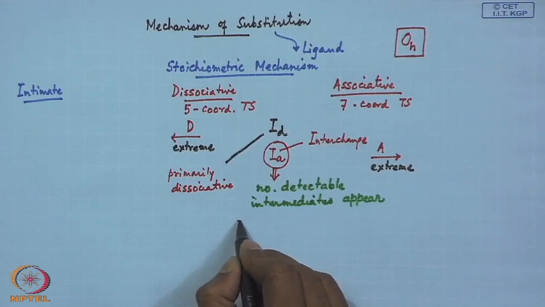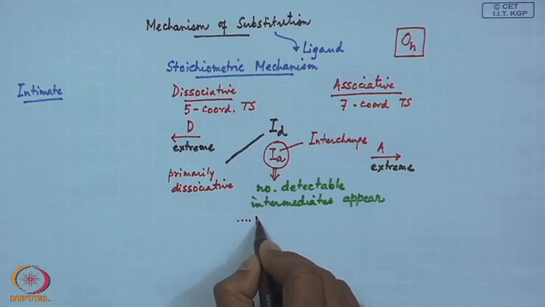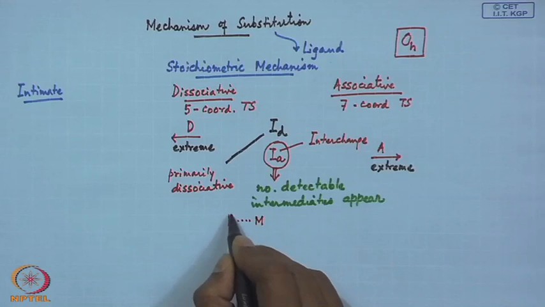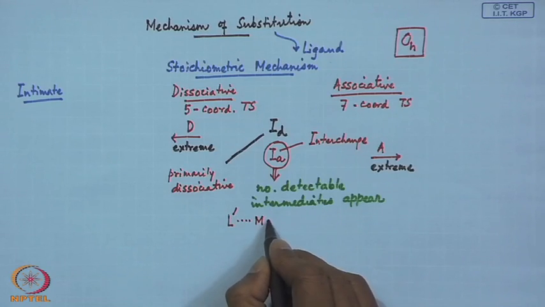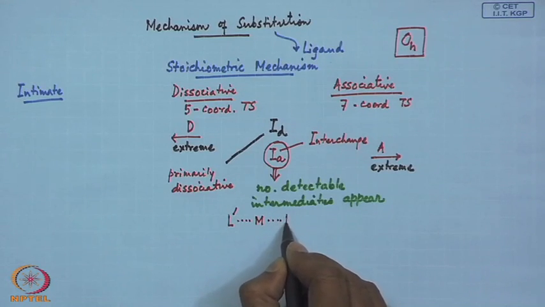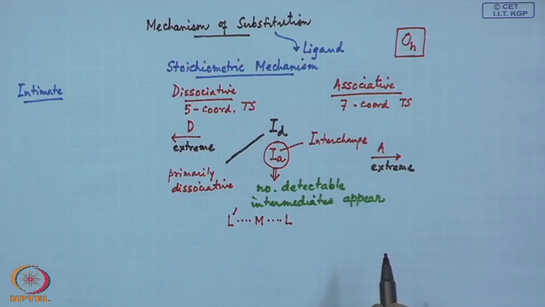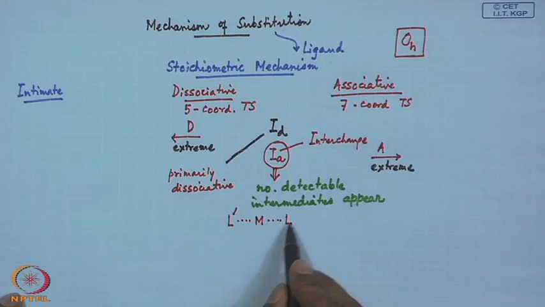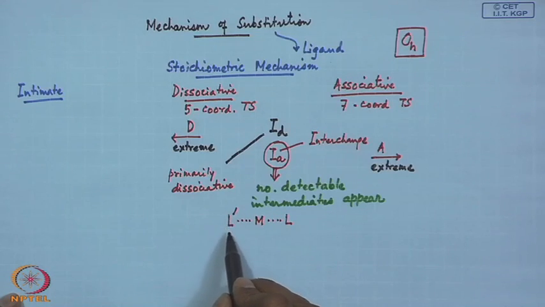So, one bond is forming weakly to the metal when L prime is coming, and the other bond which is already present is weakened appreciably compared to the bond which is forming in a newer way.